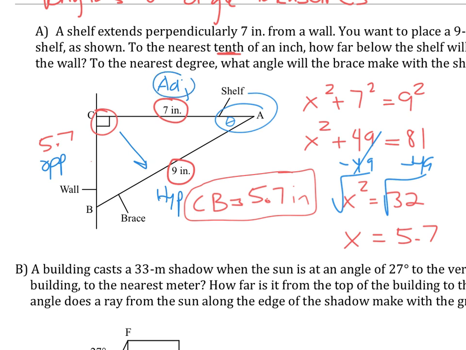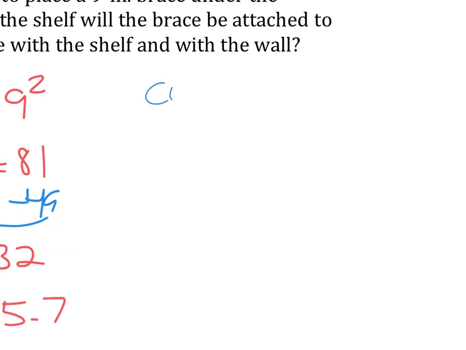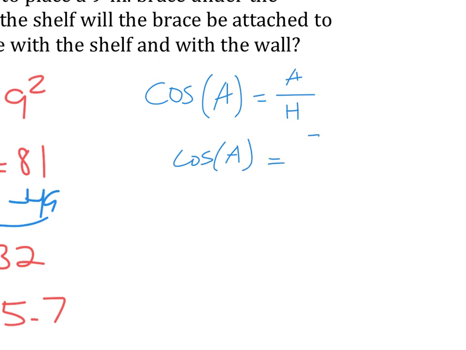And so I'm working with A and H, which means I want to use cosine. So cosine of A is adjacent over hypotenuse. So cosine of A is 7 over 9. I need to take the cosine inverse of both sides to get rid of my cosine.